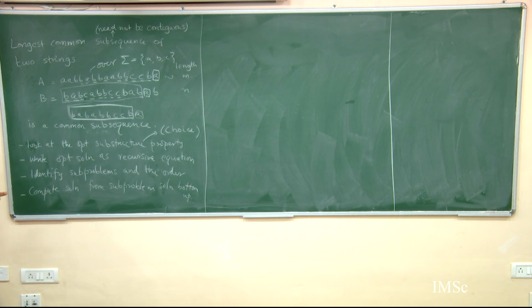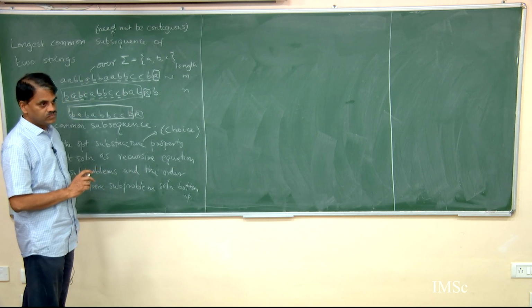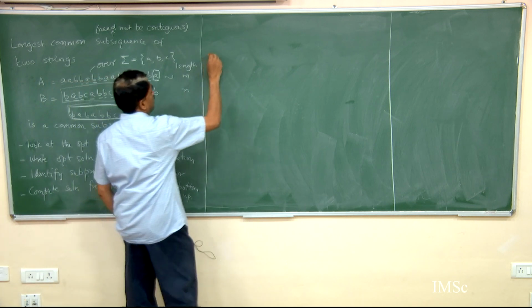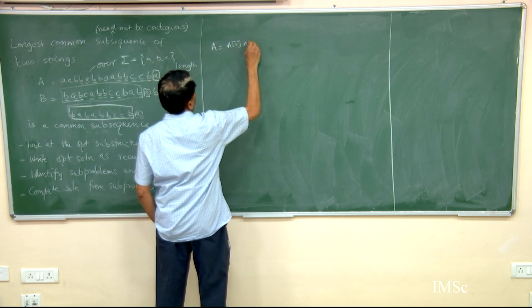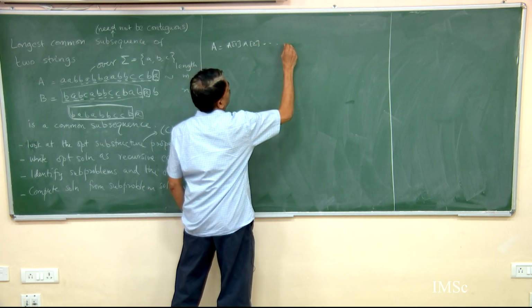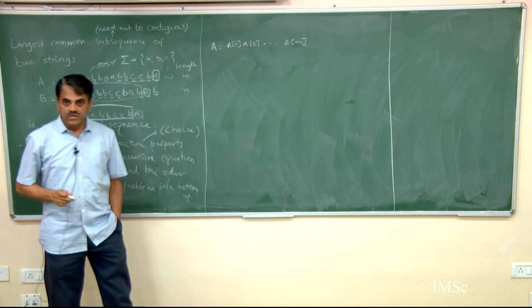Okay, so how do we want to start? So in particular, yeah, look at the last characters. So let's say my A is A1, A2, sorry, were you saying something?